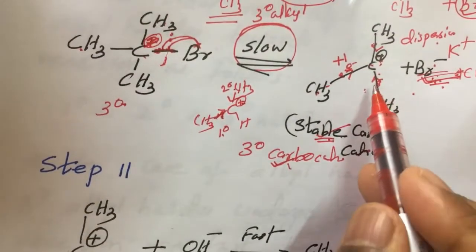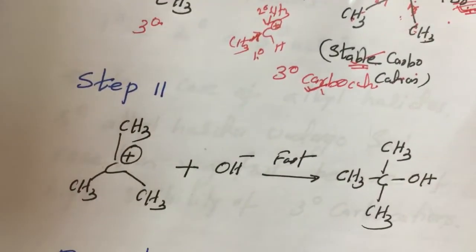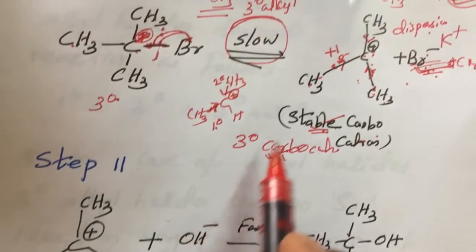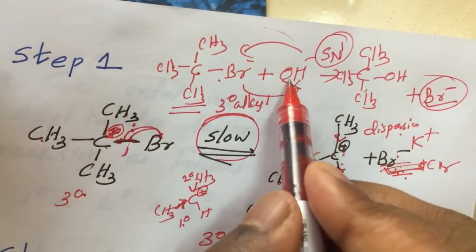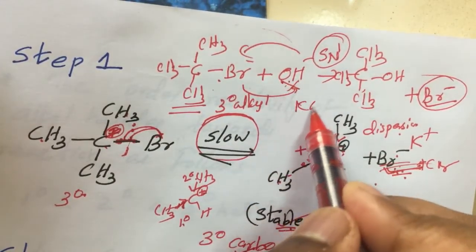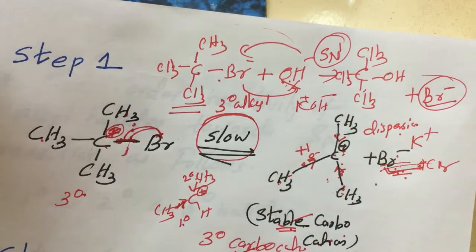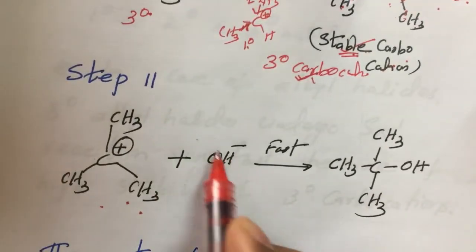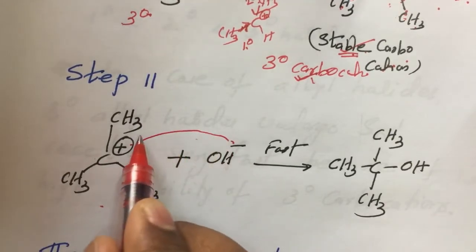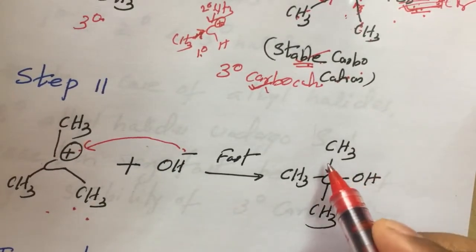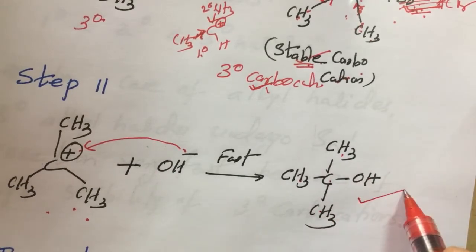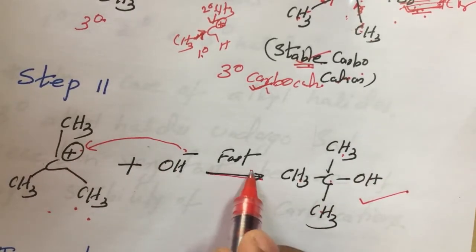The carbocation formed in step 1 is stable, and this stable carbocation will react with the OH minus from KOH. Then negative and plus will add to form the final required product, CH3CCH3CH3OH, and the reaction is very fast.